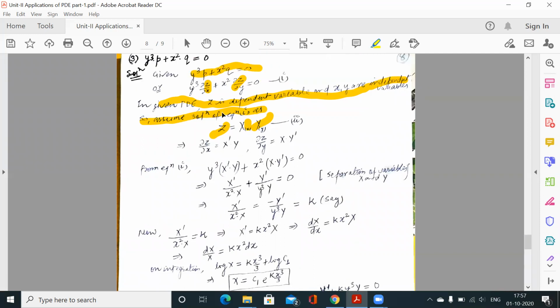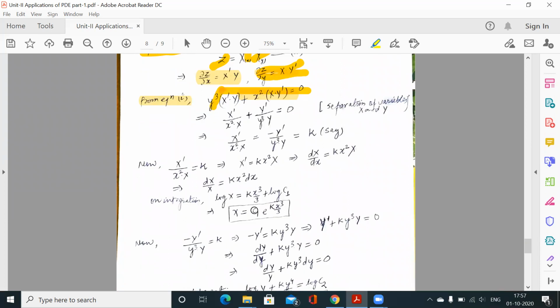Now we have to substitute this in the given differential equation. For that we need del z over del x and del z over del y. So del z over del x is X dash Y and del z over del y is X Y dash. Clear? So after substituting in the given equation, y cube into del z over del x plus x square into del z over del y is equal to 0.